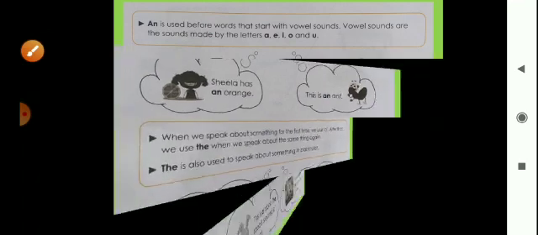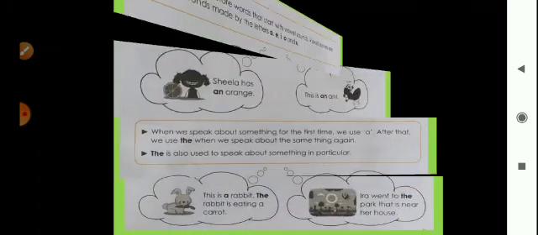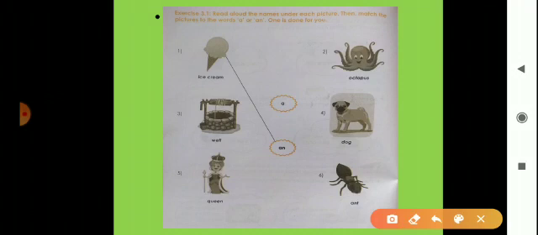We will solve some exercises about these articles. First is done for us. Now look here. Here is exercise number 3.1. Read aloud the names under each picture. Then match the picture to the words a or an. One is done for you. Now we will match it.